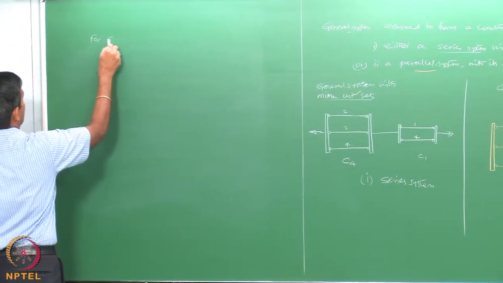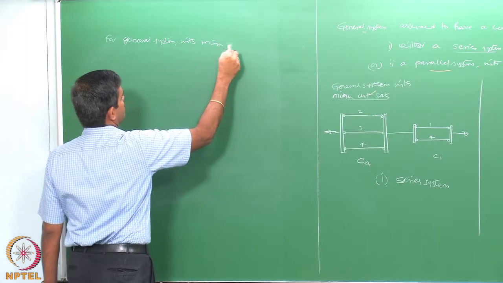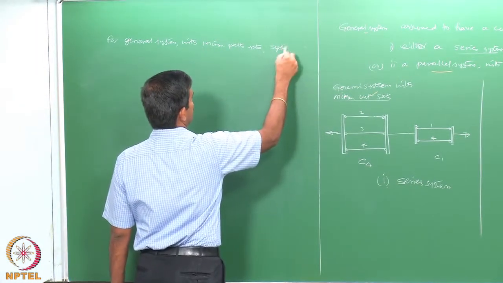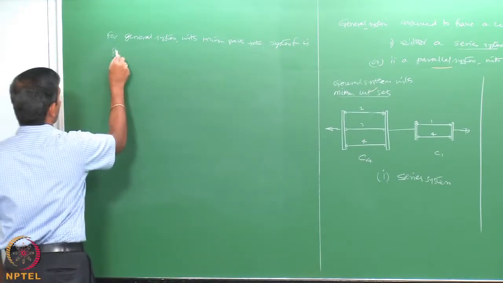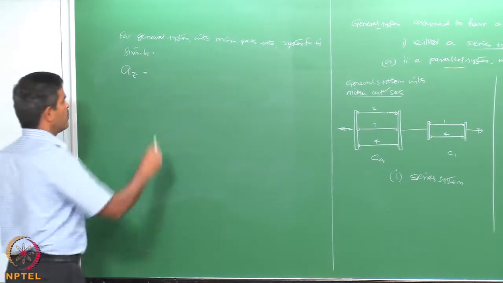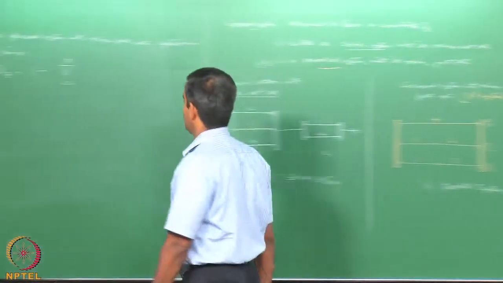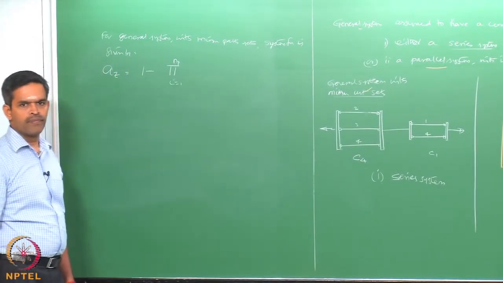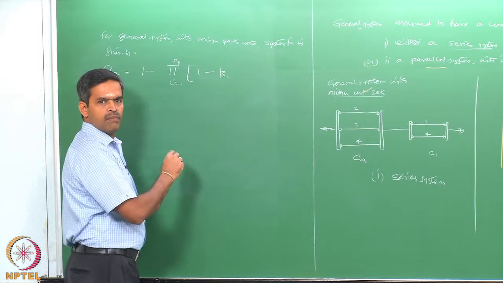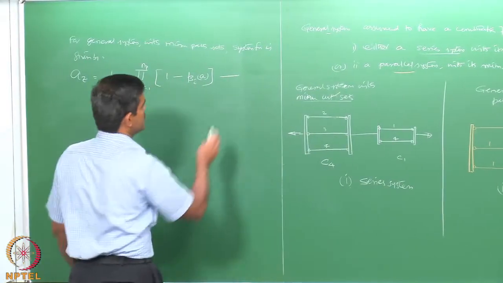So, for general system with minimum path sets, system function can be given by 1 minus pi, i equals 1 to n p, 1 minus beta i of A, equation number 6.